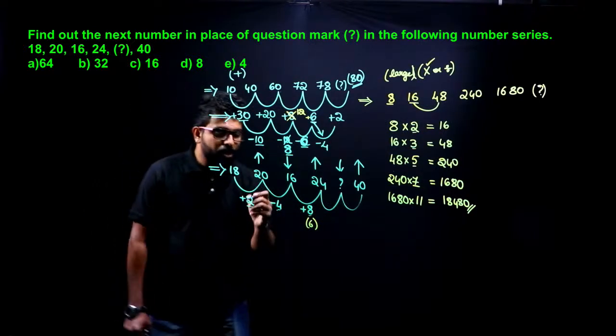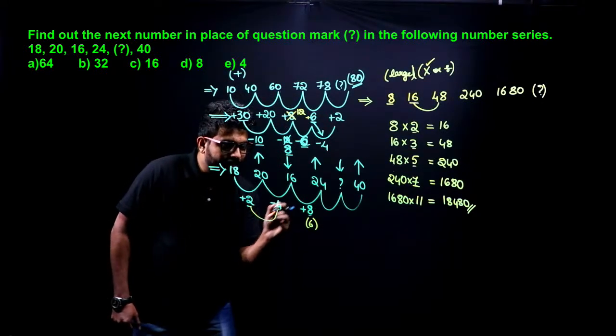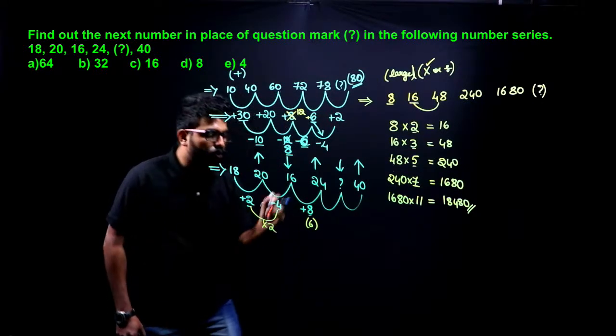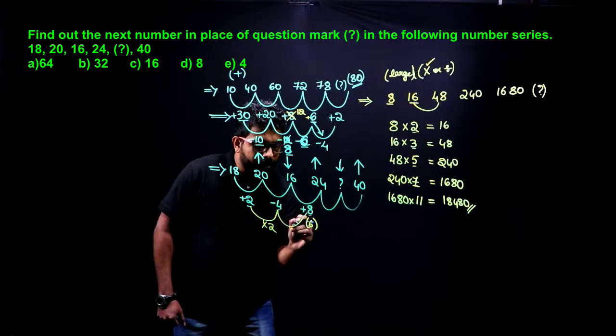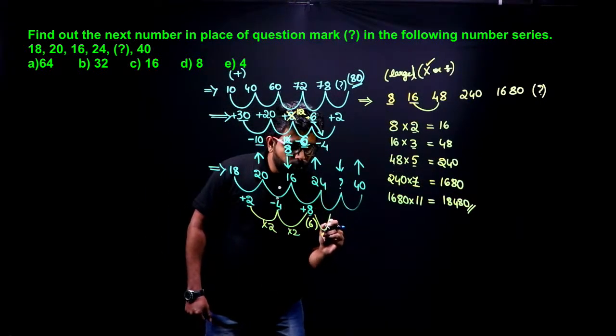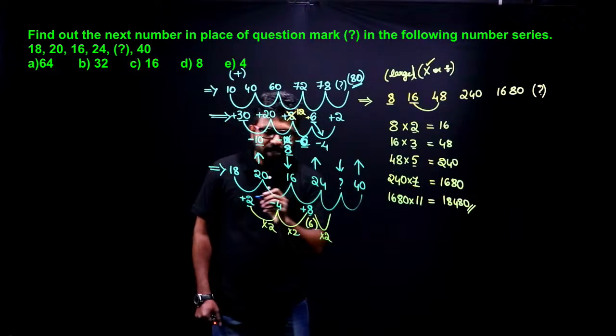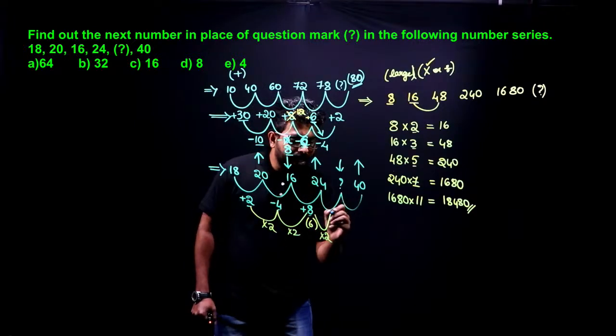So what's happening? 2 is doubling itself to become 4. In this series, there is multiplication by 2 involved. Here again, 4 into 2. So here again it should be 8 into 2. Let me check this. 8 into 2 is 16. There is a negative sign here. One positive sign and one negative sign.